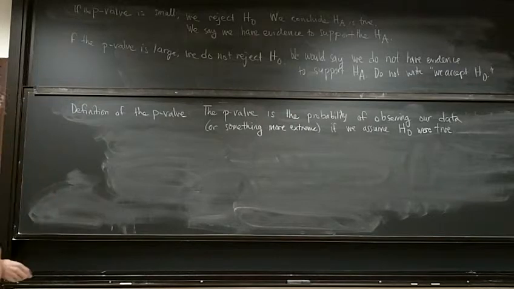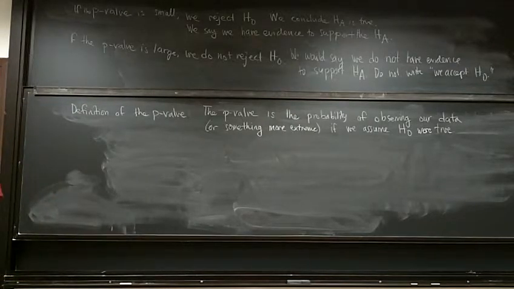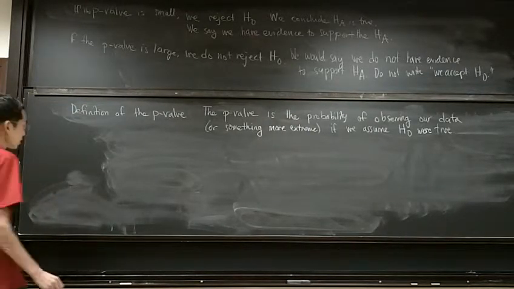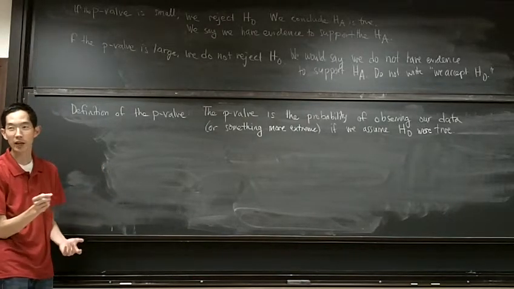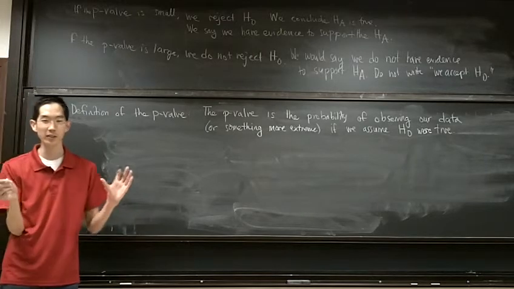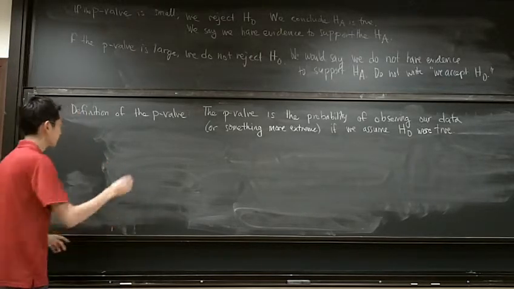How do we decide when our p-value is large or small? Somewhere in the problem, it will either provide you with a significance level, or something called alpha.